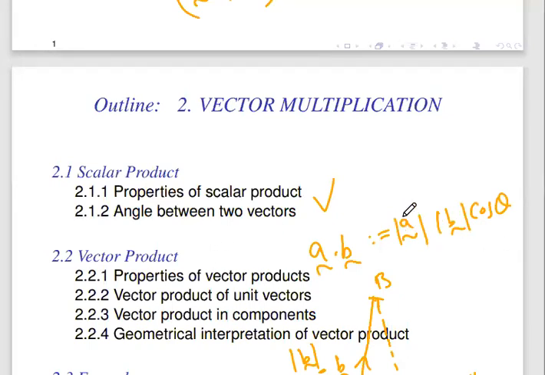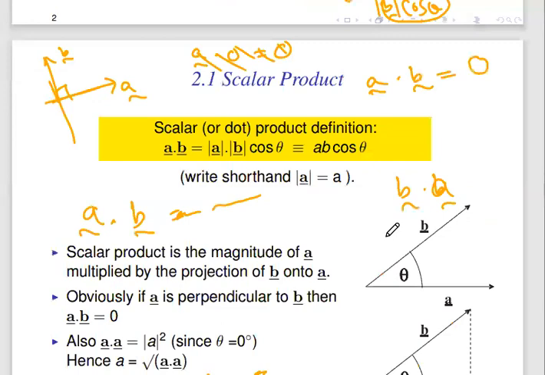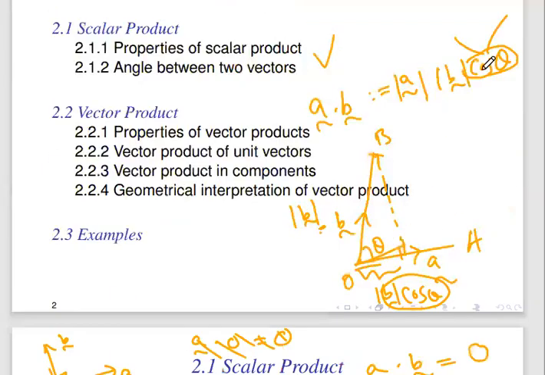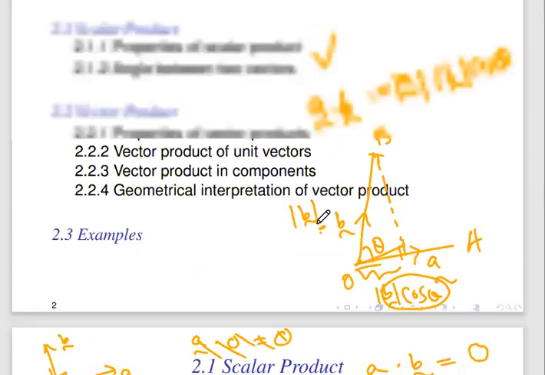Magnitude of A is a non-negative quantity. Magnitude of B is another non-negative quantity. And cosine could be positive or negative, between positive one and negative one.